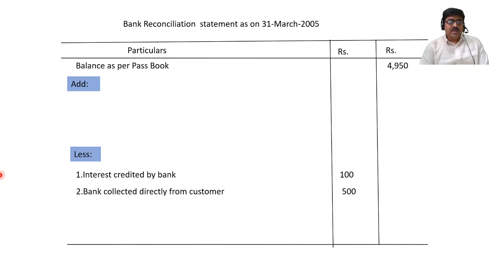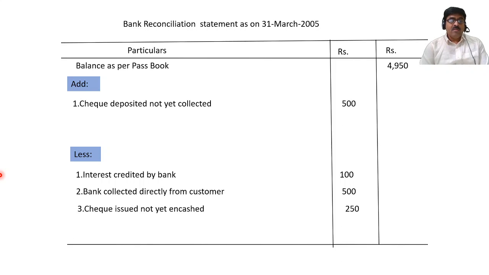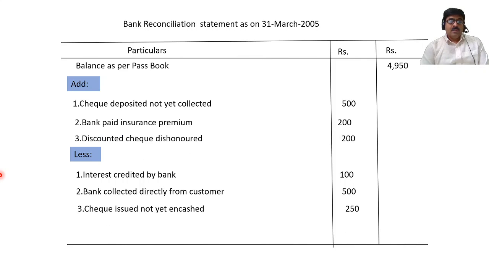We have to deduct. Bank collected directly from the customer, 500 rupees, and the 250 amount, cheque issued not yet encashed. Now 500 rupees we have to add, cheque deposited not yet collected, and 200 rupees bank paid insurance premium. Next one, discounted cheque dishonored, 200 rupees. Now add this total of three, that is 900. 4,950 plus 900, 5,850.